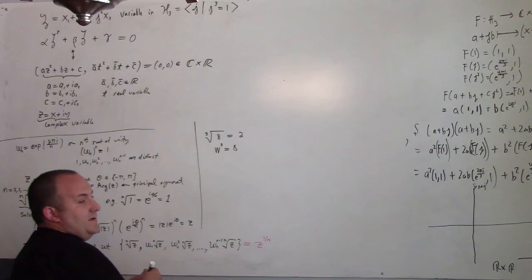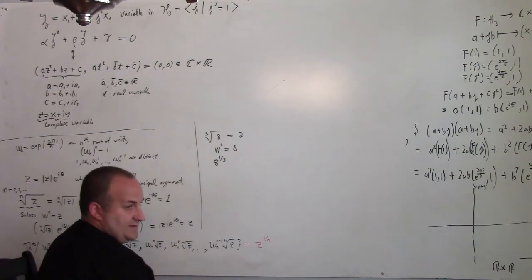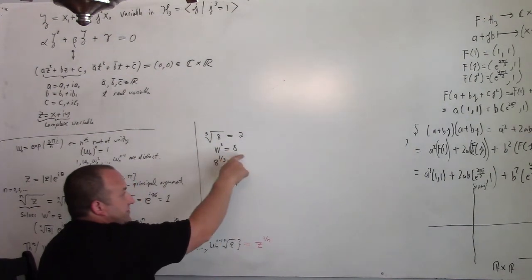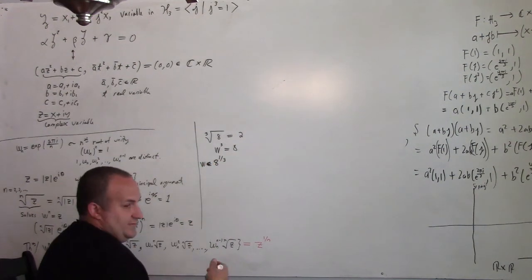Now I want to calculate the third roots of 8. To say that w cubed is 8 is to say that w is an element of the set of third roots of 8.